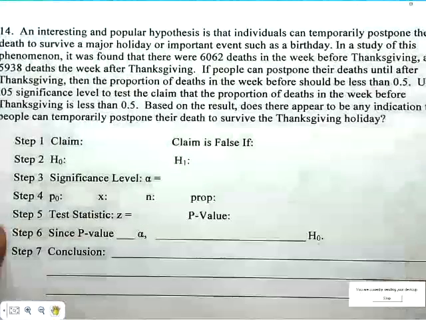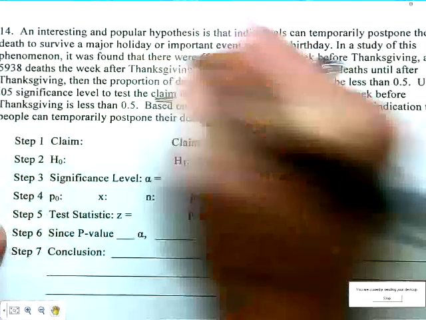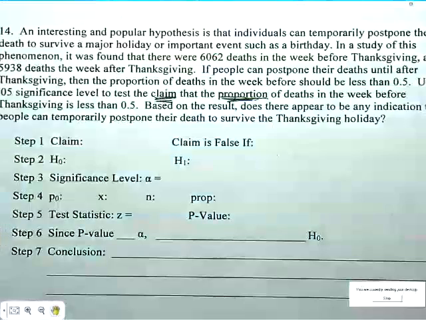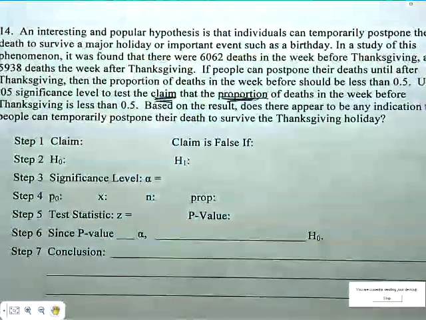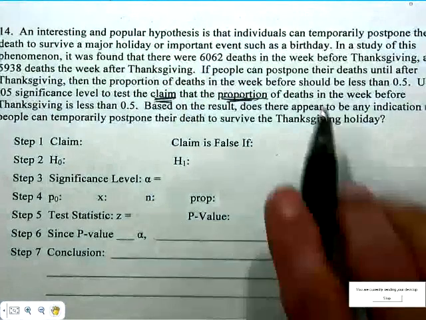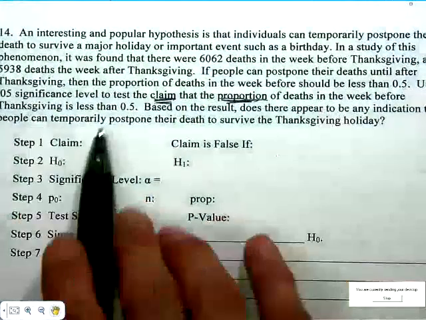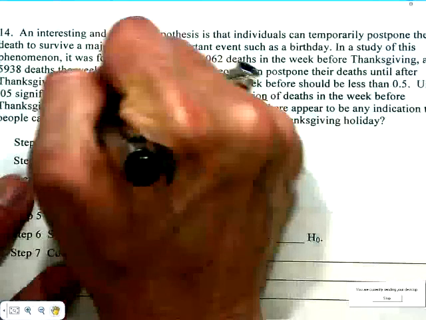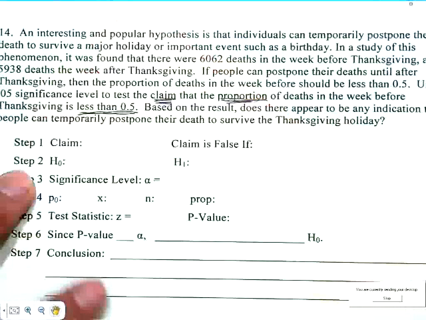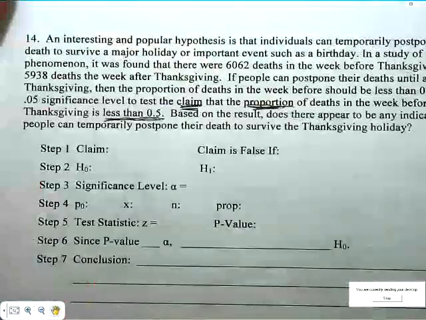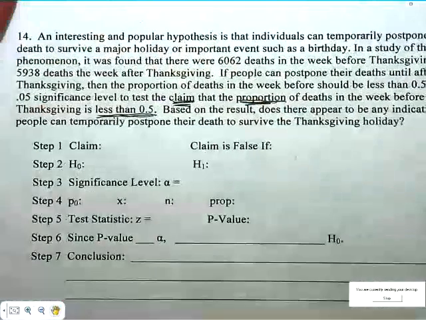Oops, here's the important words. Here's the claim. Claim that proportion tells me I use a population proportion test, not a z-test or a t-test. The proportion of deaths the week before Thanksgiving is less than 50%. So there's the claim right there. How do I write it in symbolic form? I may have said 5%, but I meant 50%.